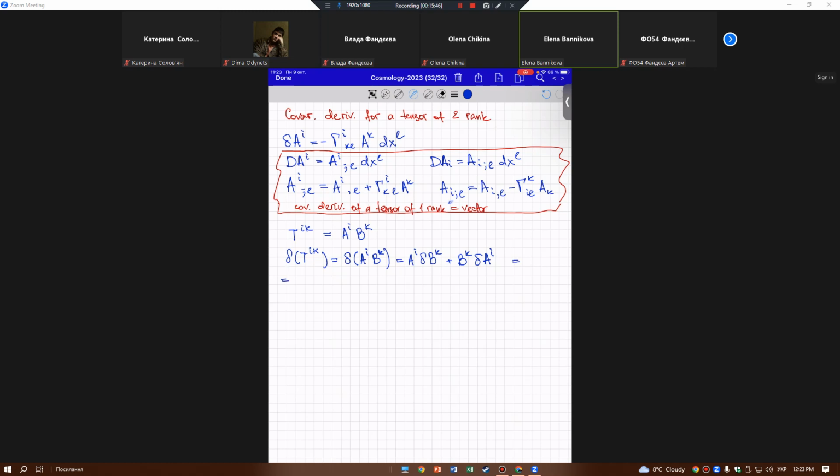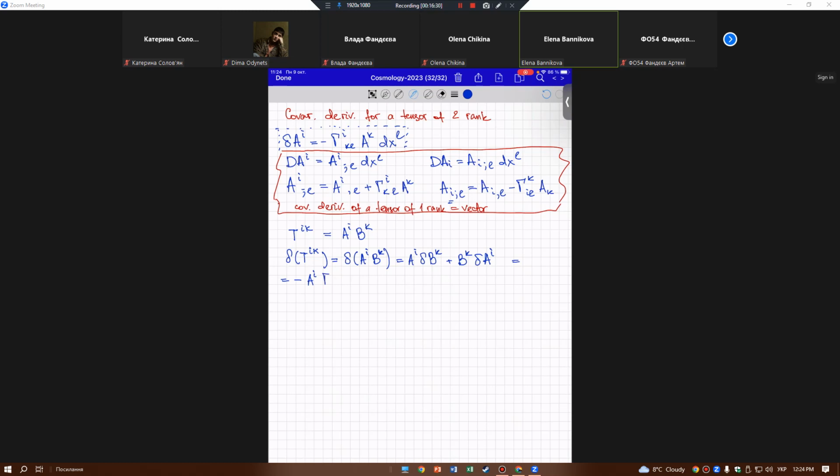And we will remind that these differences arise when we move our vector along the coordinate axis like this. So we will put into our expression what it means. We will have minus A^i, and instead of delta B^k we will write the expression through the Christoffel symbol, taking into account the corresponding indexes.